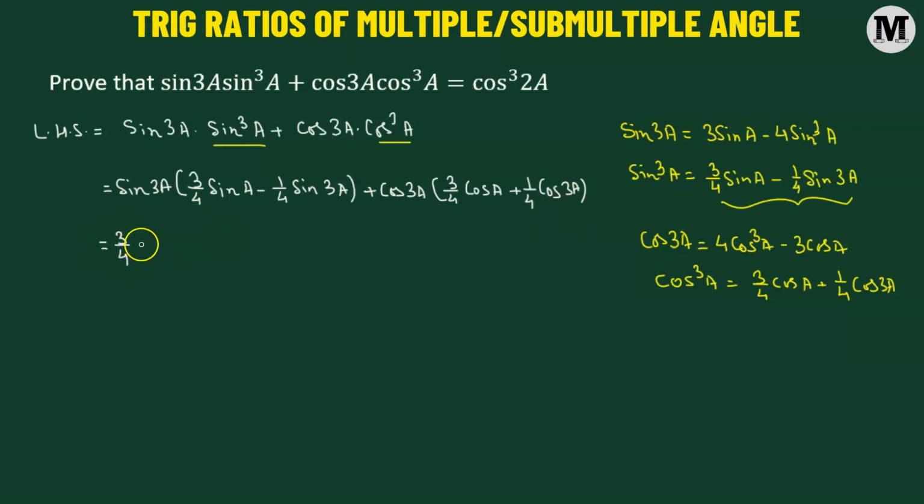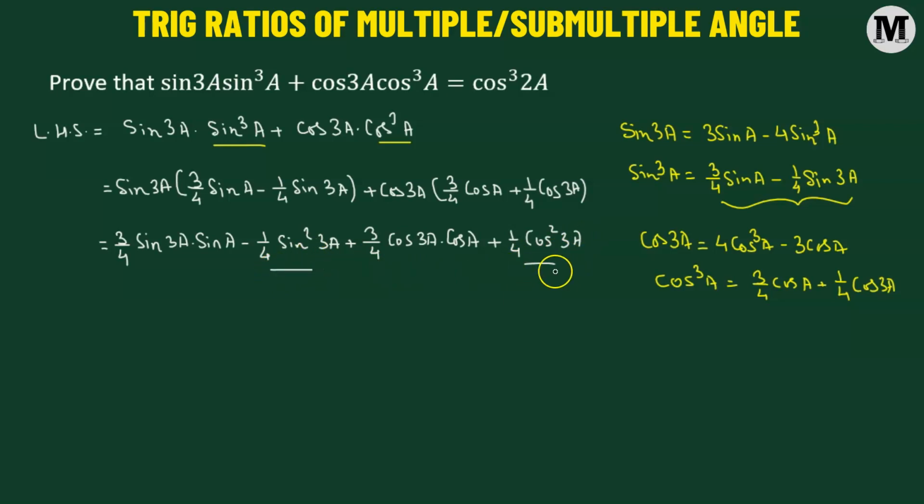So we have 3 over 4 times sine of angle 3a times sine of angle a minus 1 over 4 times sine squared 3a added to 3 over 4 times cosine of angle 3a times cosine of angle a added to 1 over 4 times cosine squared 3a. Now we'll take 1 over 4 as the common factor and combine the second and the fourth term.